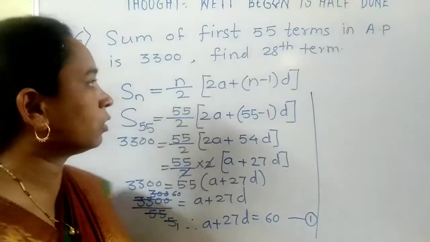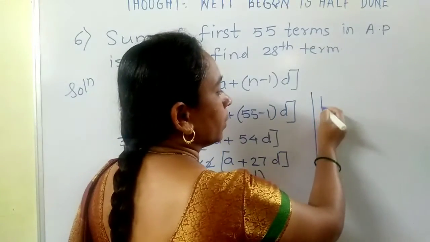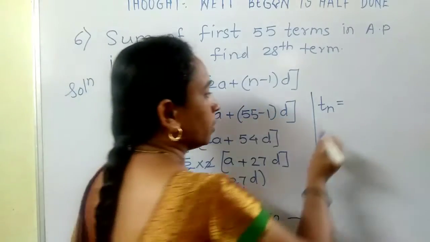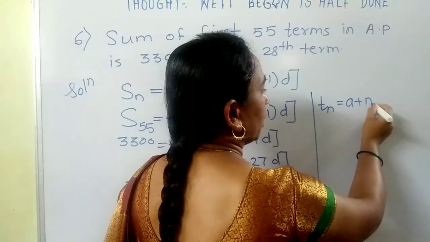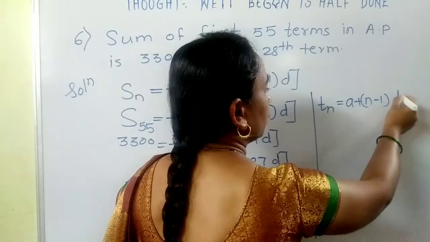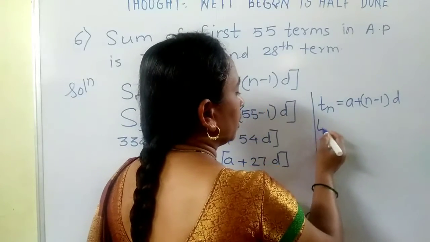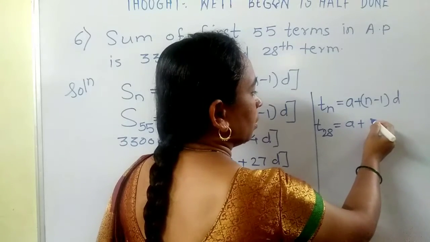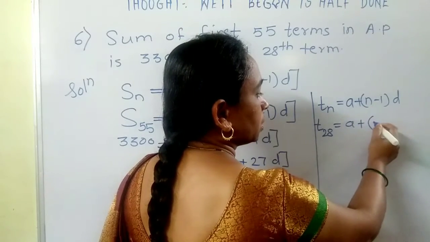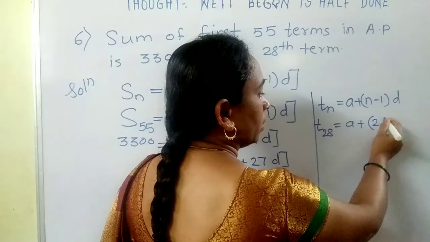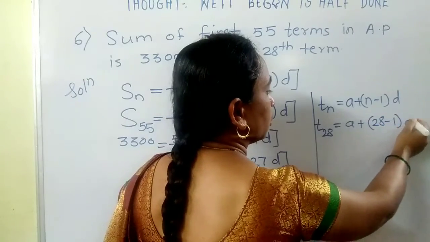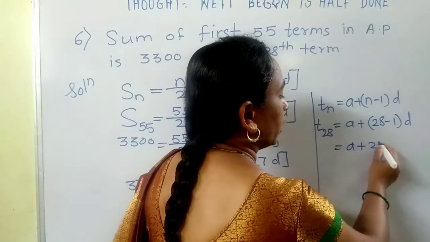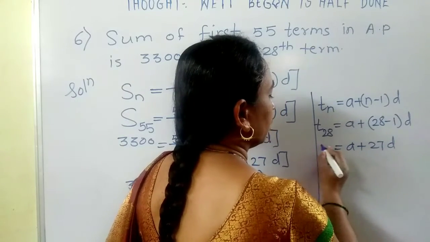Now we have to find the 28th term. To find it, I am going to use the formula of Tn. Tn is equal to a plus n minus 1 into d. I want to find T28. So T28 is equal to a plus 28 minus 1 into d, n's value is 28. After subtraction, a plus 27d.